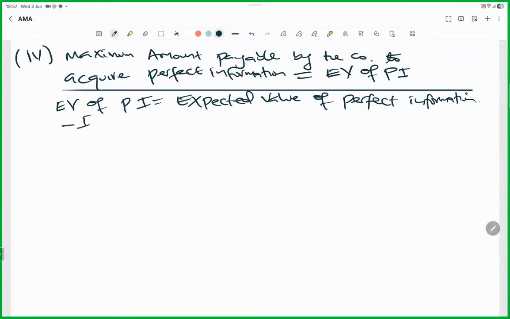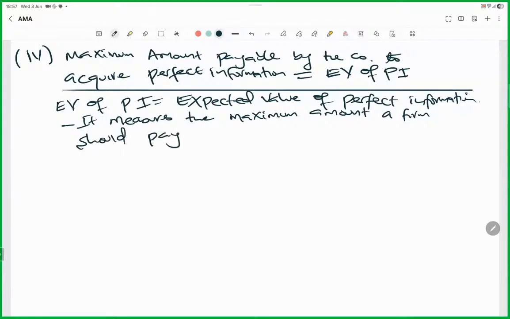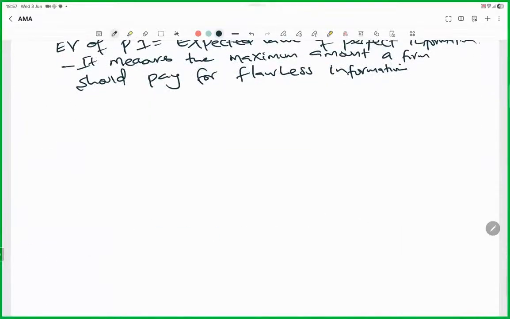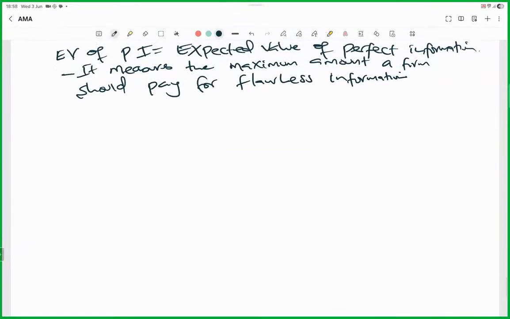It measures the maximum amount a firm should pay for flawless information.